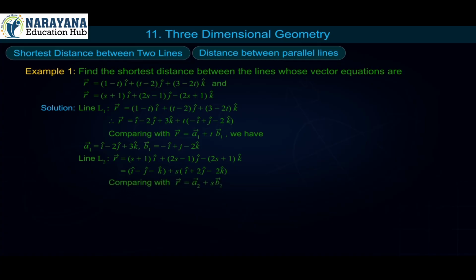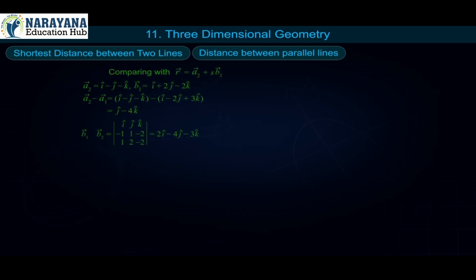Comparing with vector r is equal to vector a2 plus s into vector b2, vector a2 is equal to i cap minus j cap minus k cap. Vector b2 is equal to i cap plus 2 j cap minus 2 k cap. Vector a2 minus vector a1 is equal to i cap minus j cap minus k cap minus i cap plus 2 j cap minus 3 k cap, which is equal to j cap minus 4 k cap.